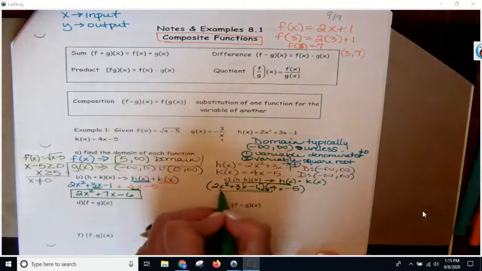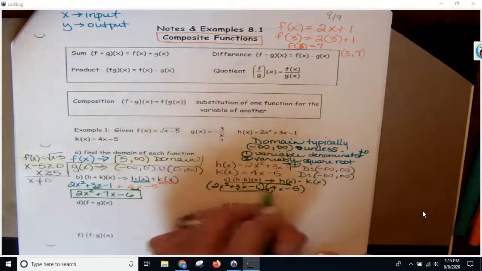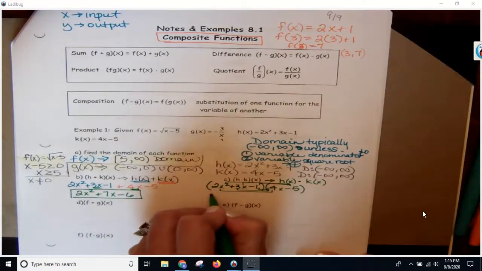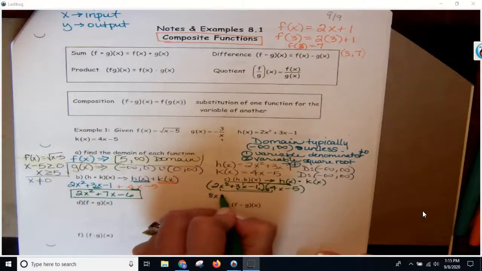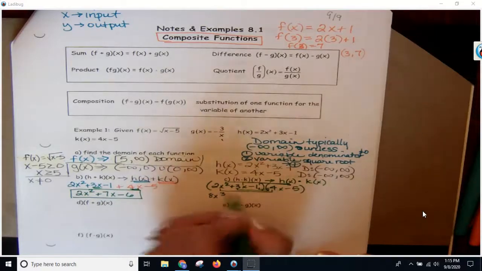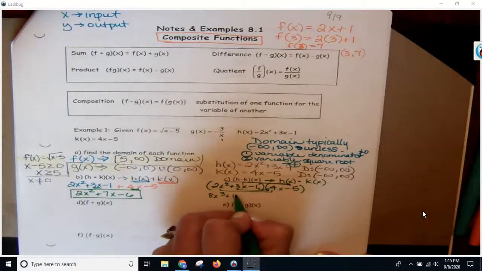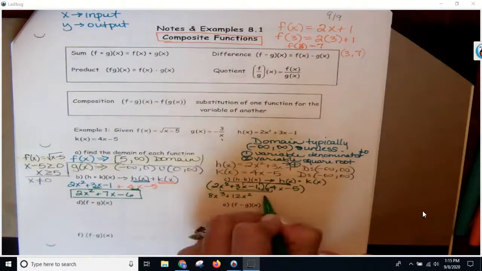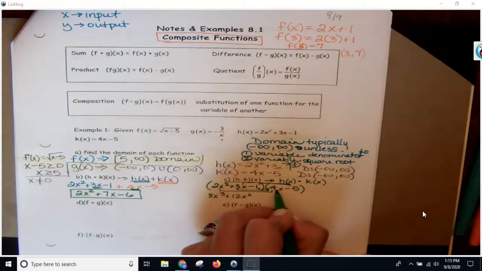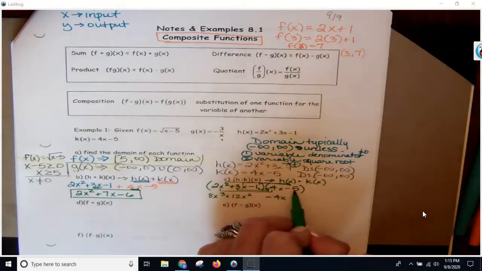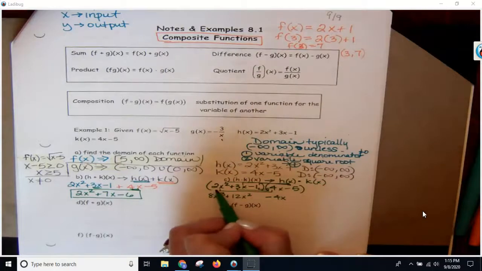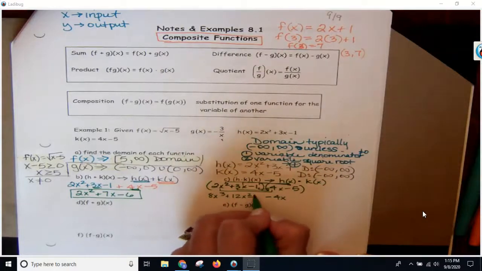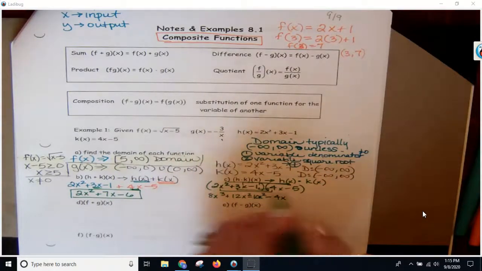Okay, so to do that, when I start out with 4x times 2x squared, I'm going to get 8x cubed. 4x times 3x is going to give me 12x squared. And leave a space. 4x times negative 1 is going to give me minus 4x. Then negative 5 times 2x squared is going to give me minus 10x squared.